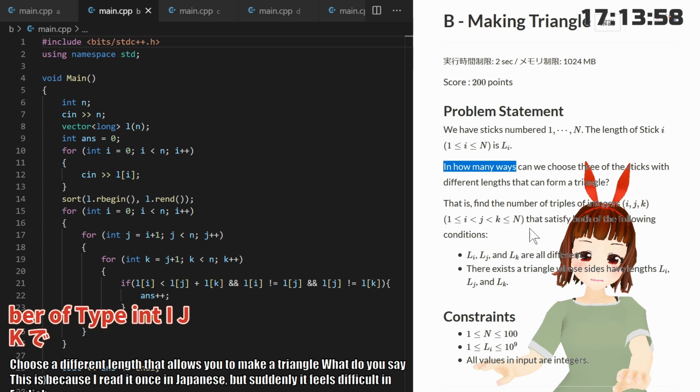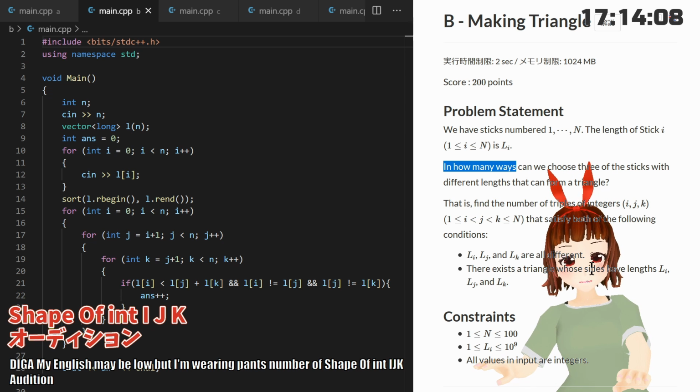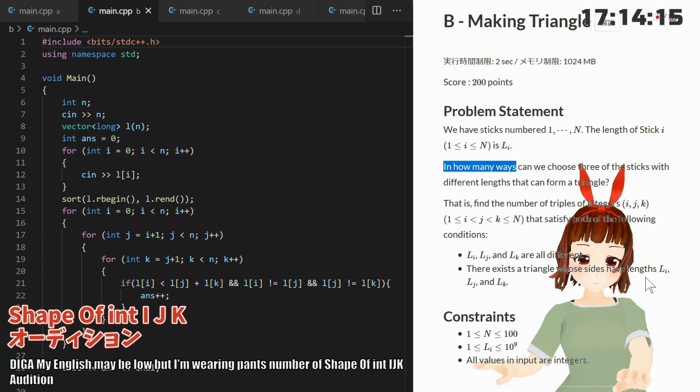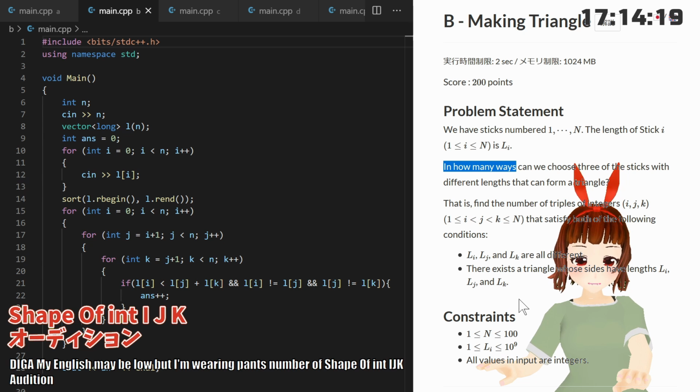that satisfy both of the following conditions. Li, Lj, and Lk are all different. There exists a triangle whose sides have lengths Li, Lj, and Lk.